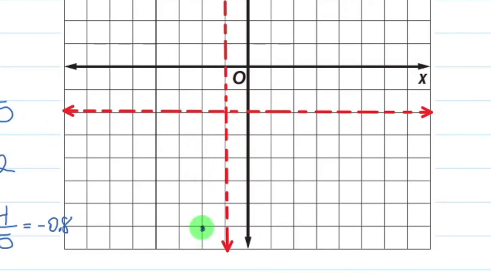That's way down here. That's our first point. 0 comma negative 2. Well, here's 0, down 2 is right here. And 1 comma negative 4/5. Well, starting from here, 1 is 1 box over, and down 0.8, negative 4/5 would be right about there.